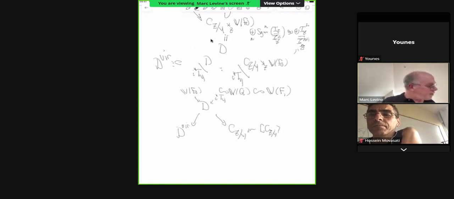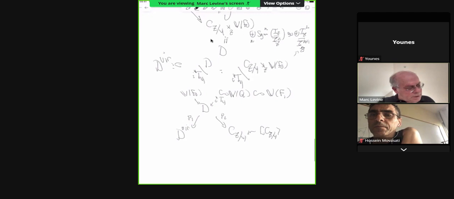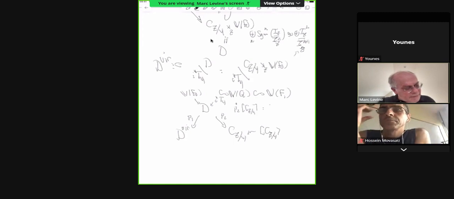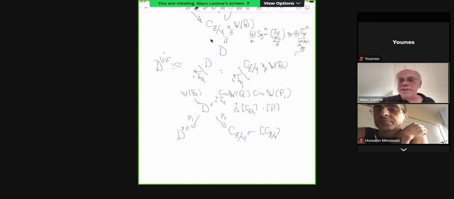And this map, let's call this P2 and P1, these are both essentially vector bundles, or not quite vector bundles, but they're certainly smooth maps. So for the pullback, we can take P2 star of this thing, and we can call that the fundamental class of this D. On the other hand, the Chow groups here are isomorphic to the Chow groups here by pullback.